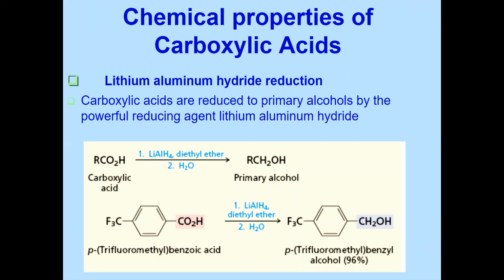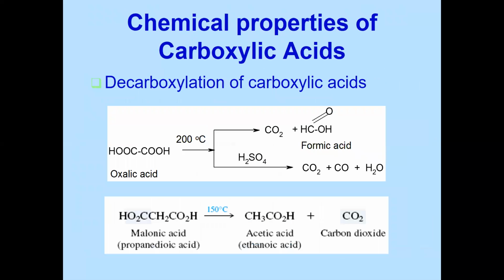Reaction of reduction of carboxylic acids. The product is alcohol. Reaction of decarboxylation of carboxylic acids. For example, oxalic acid after decarboxylation forms formic acid.